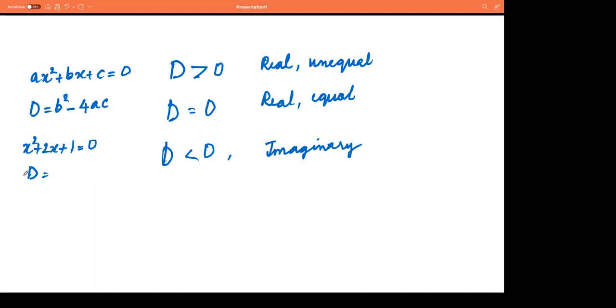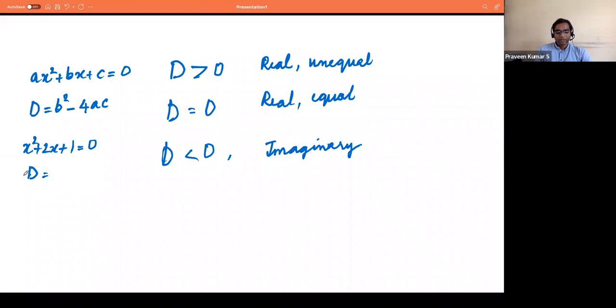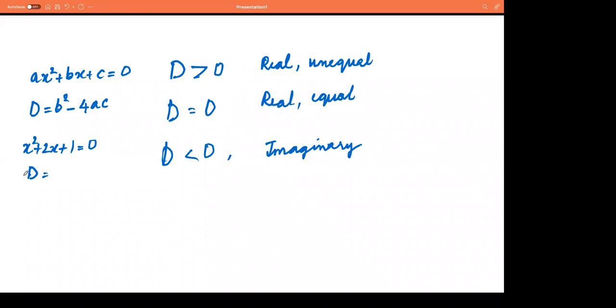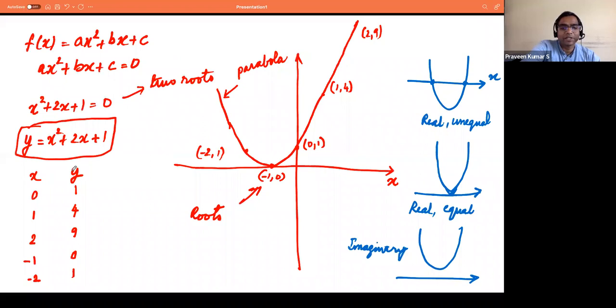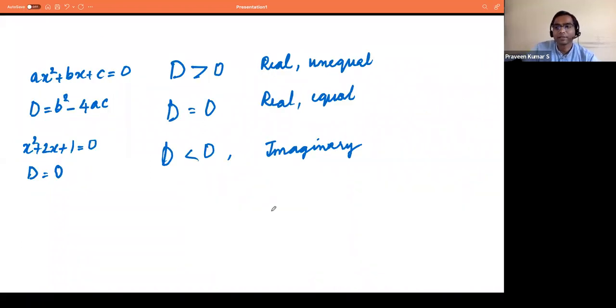So b square will be 4. Then what about a? 1. And c? 1. So b square minus 4ac is 0, correct? We had earlier drawn this graph and mentioned that the roots are real and equal. So we have got that here.